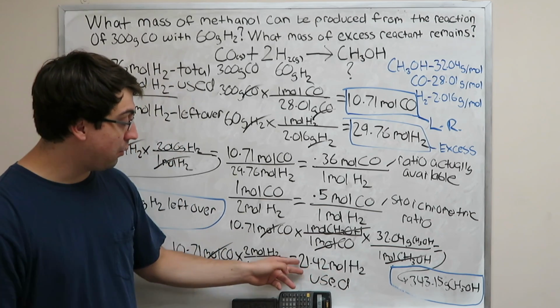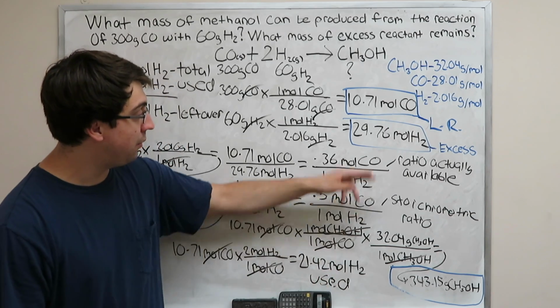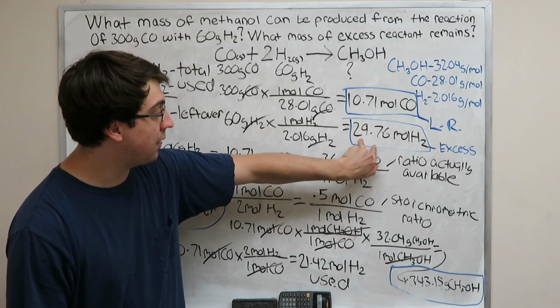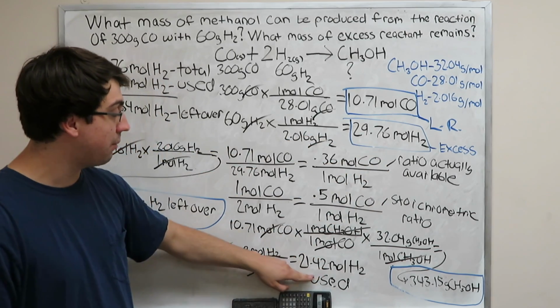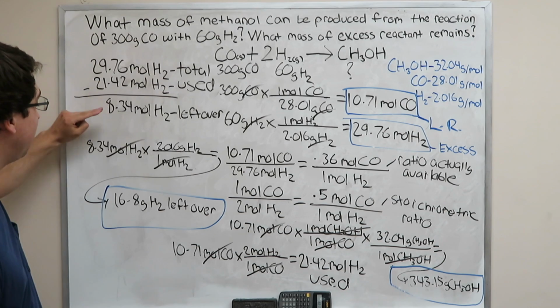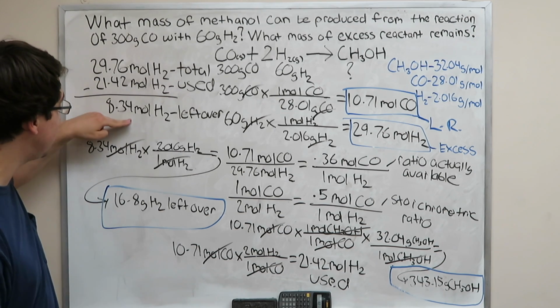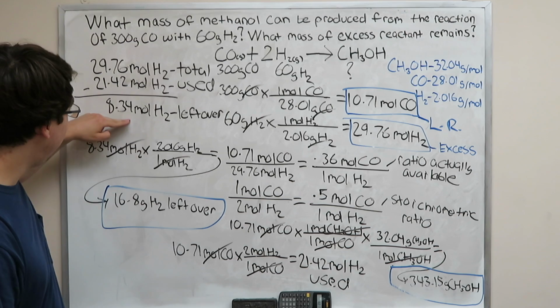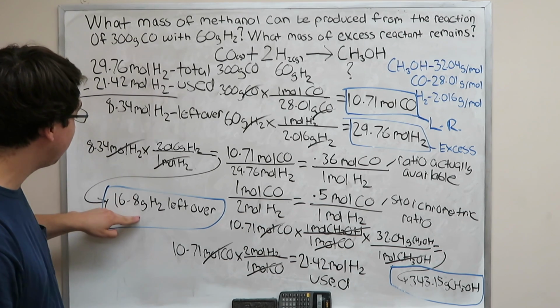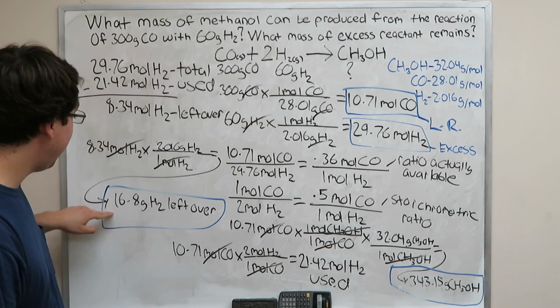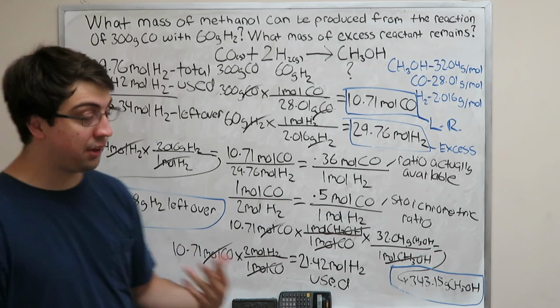And then since we knew that 21.42 moles of hydrogen were used, and we started off with 29.76 total, we took the total and subtracted it by the amount used right here, leaving us with 8.34 moles of hydrogen. And then we took the moles of hydrogen and converted it to grams of hydrogen, and we had 16.8 grams of hydrogen that was left over.